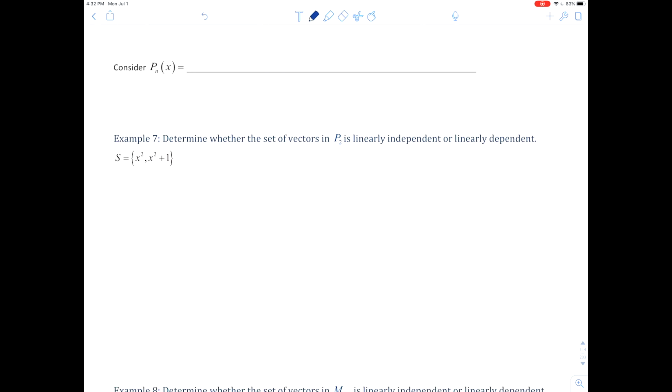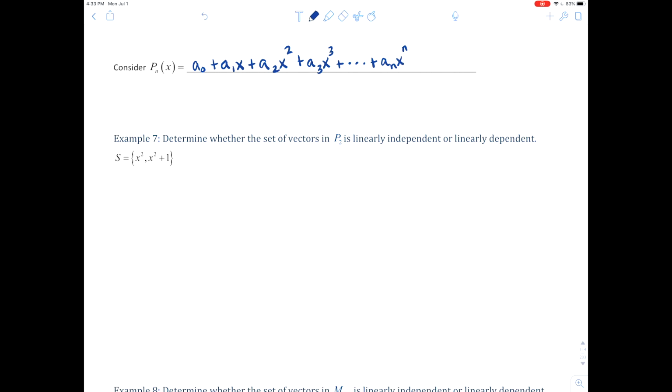All right, so consider P sub n of x would be a0 times x to the 0, which is just 1, plus a1 times x to the 1, which is x, plus a2 x squared plus a3 x cubed plus dot dot dot plus a sub n x raised to the n.